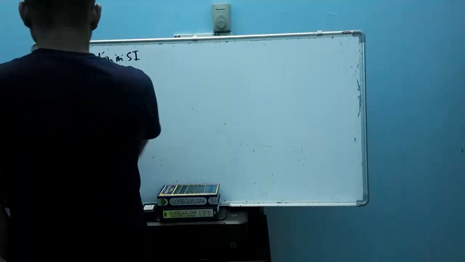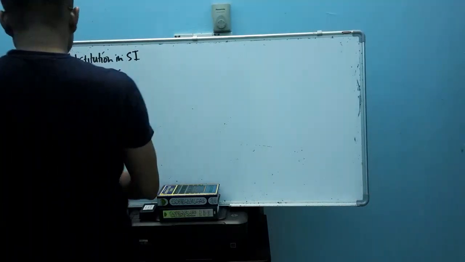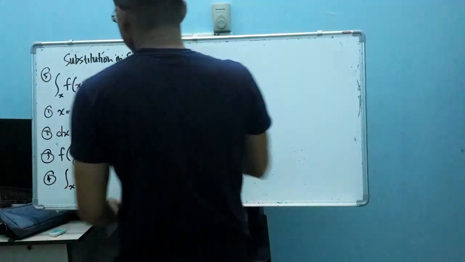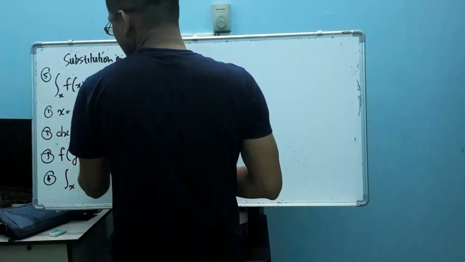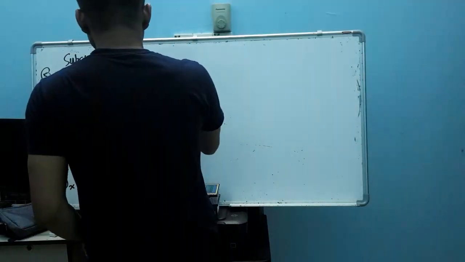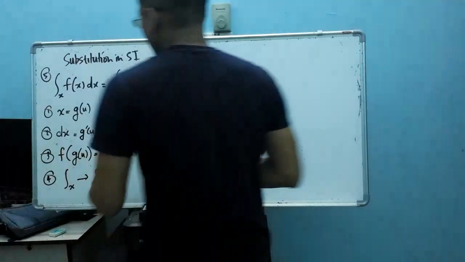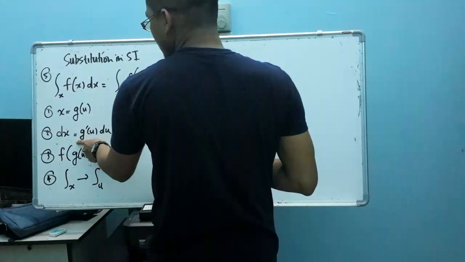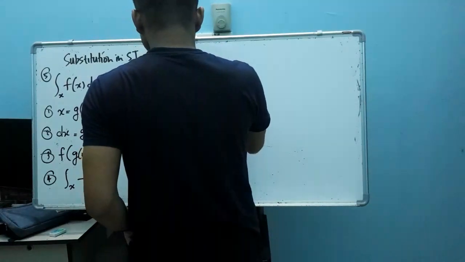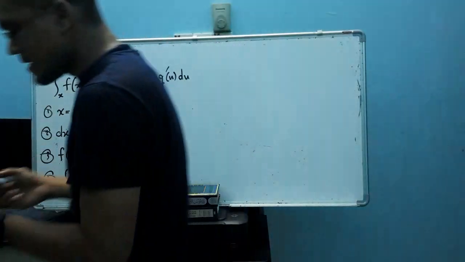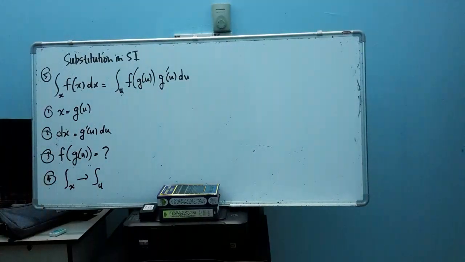So this will be equal to: the limits change to u values, the f(x) has changed to f(g(u)), and my dx has changed to g prime of u du. So this is how we can do a substitution approach where we deal with a single integration.